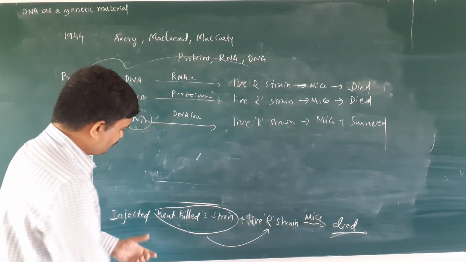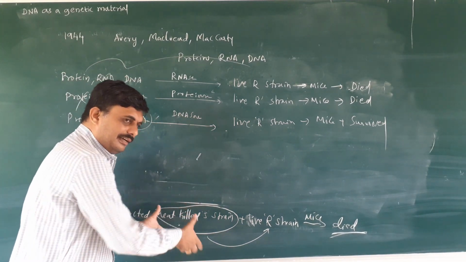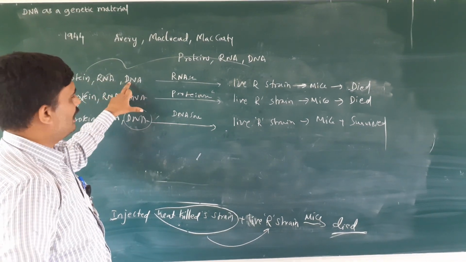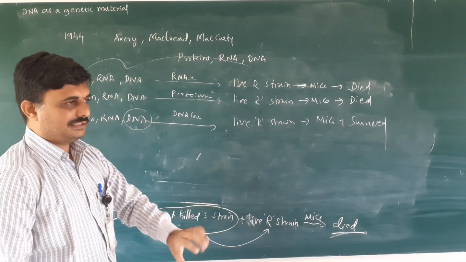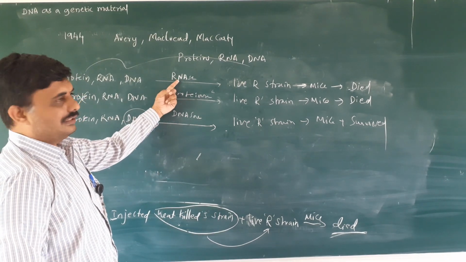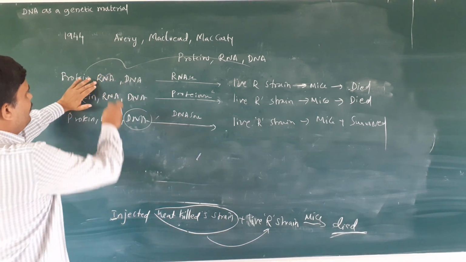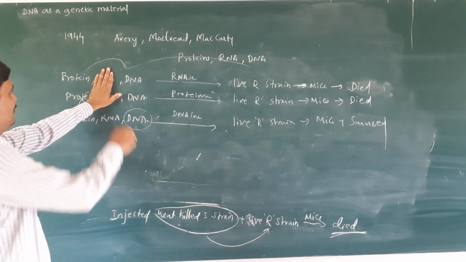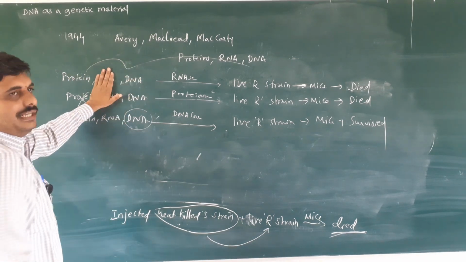What did they do? They extracted the materials, that is protein, DNA and RNA, from the heat-killed strain and treated them with three different enzymes. When treated with RNase, which destroys the RNA, the remaining components are protein and DNA.